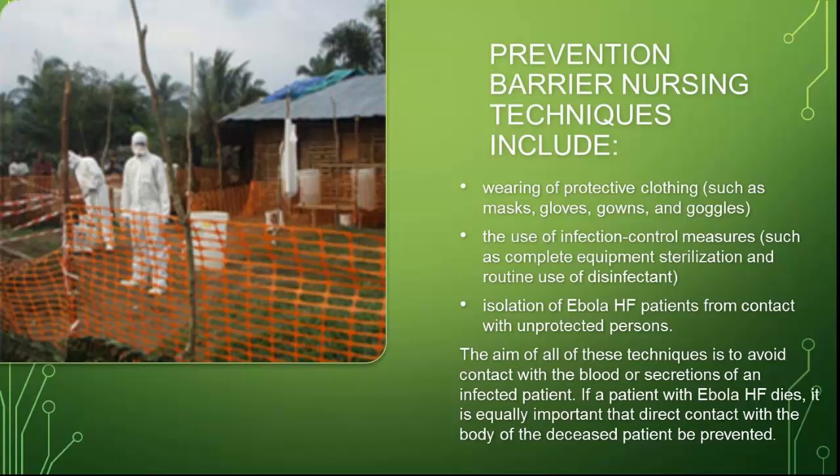The aim of all these techniques is to avoid contact with blood or any body secretion of an infected patient. Also, if the patient has died, it's equally important how the body is handled.